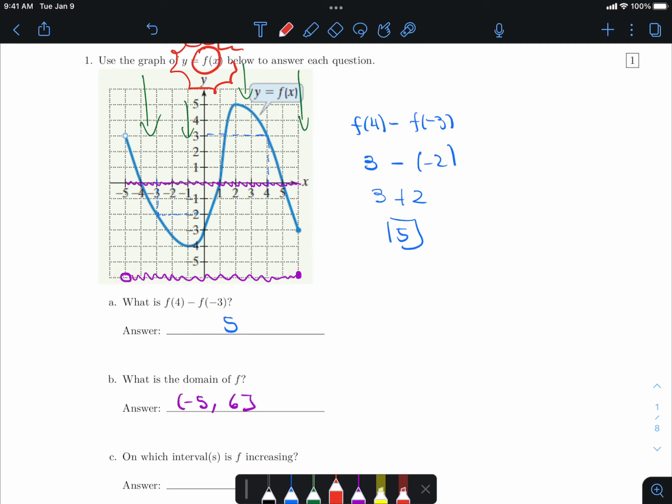I could very much ask what is the range of f instead of the domain. I could ask that if I wanted to, so pay attention to those differences so that you're ready for any version that comes your way. If I ask for the range, it's the same reasoning, but now you imagine that the sun is here and the light's going that way. You imagine what's the shadow in here. The range in this case is everything from negative 4 to 5.